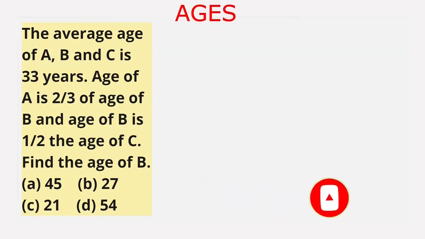This is a very easy question. The age of A is 2/3 the age of B. It means that the age of A is 2 when the age of B is 3. So the ratio A to B comes out to be 2:3.